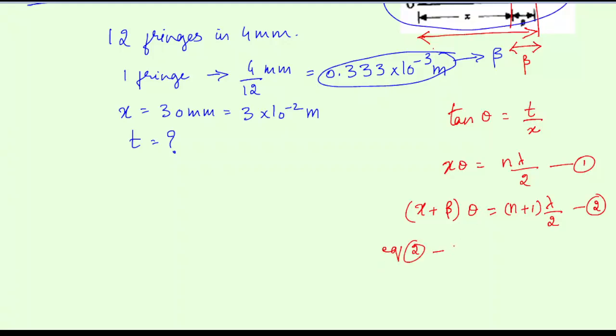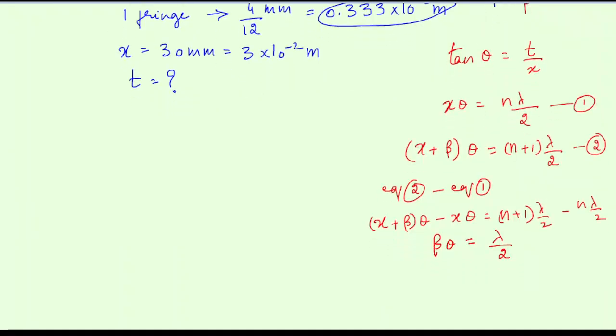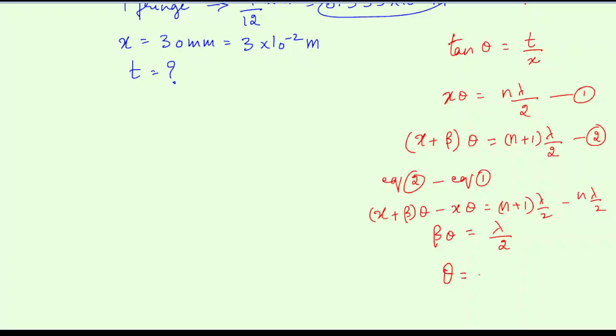Once you subtract equation 1 from equation 2, we get x plus beta into theta minus x theta becomes n plus 1 lambda by 2 minus n lambda by 2. Beta theta equals lambda divided by 2. Rearranging the terms, we get theta equals lambda divided by 2 beta. Now, keep this as equation 3.